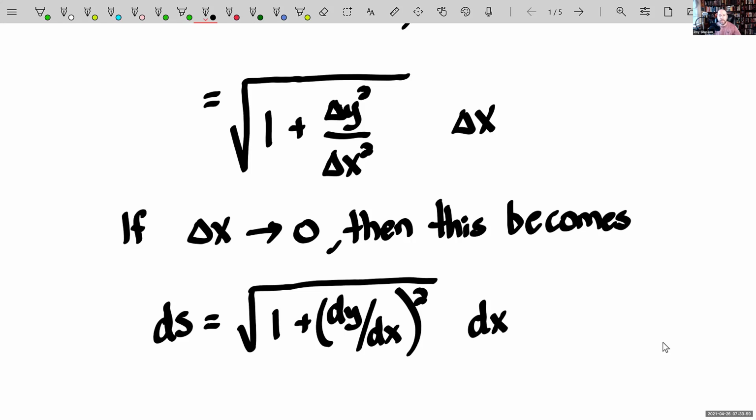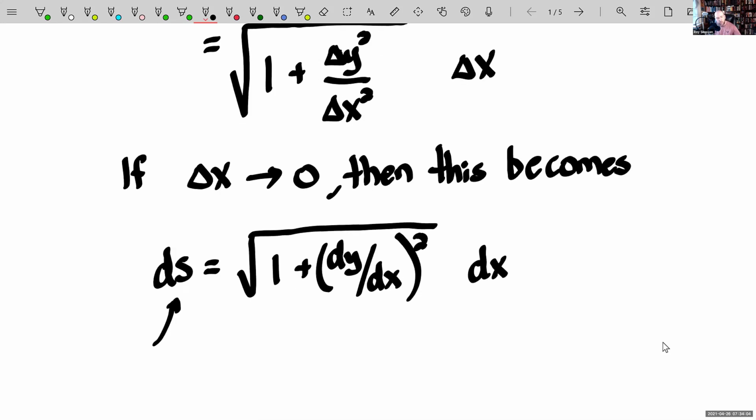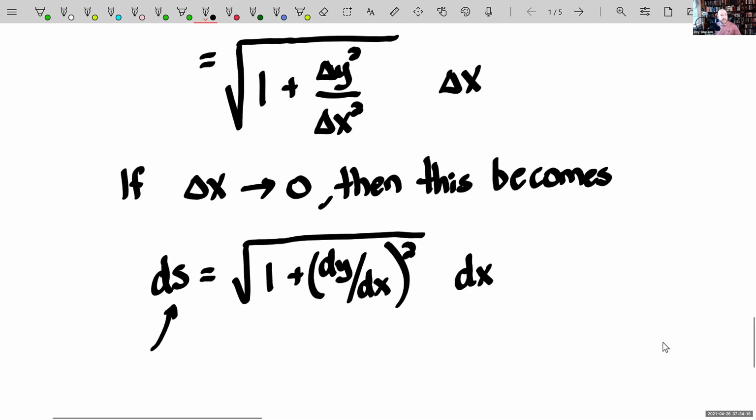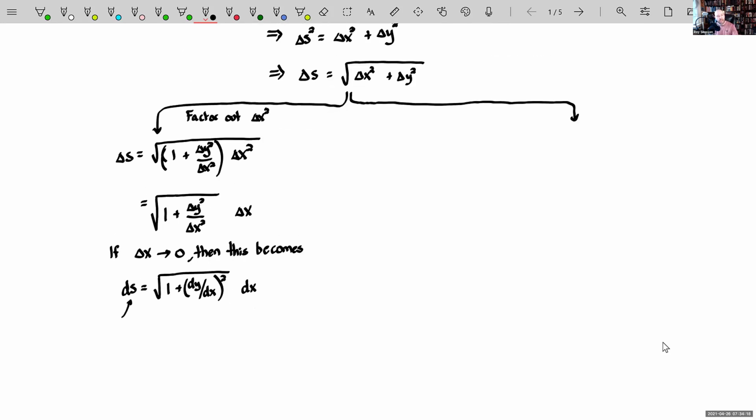And you get that formula. That tells us a very small wiggle in arc length. In other words, our little teeny arc length there is just equal to the square root of 1 plus dy/dx squared, dx.